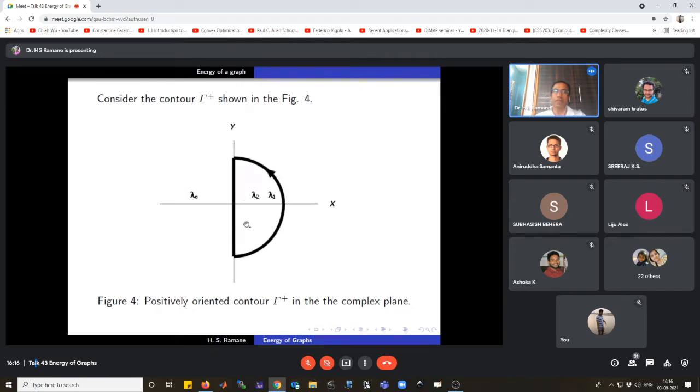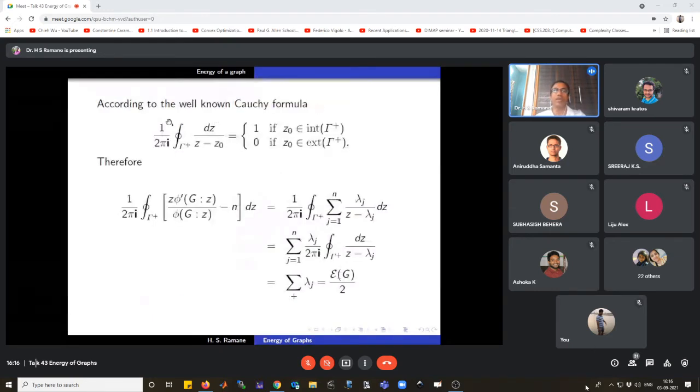These are the positive eigenvalues, these are the negative eigenvalues. So we will integrate over this contour now. According to Cauchy's formula, which is well known, 1 by 2 pi times the integral of dz divided by z minus z naught is 1 if z naught is in the interior of the contour, and it is 0 if z naught is in the exterior of the contour.